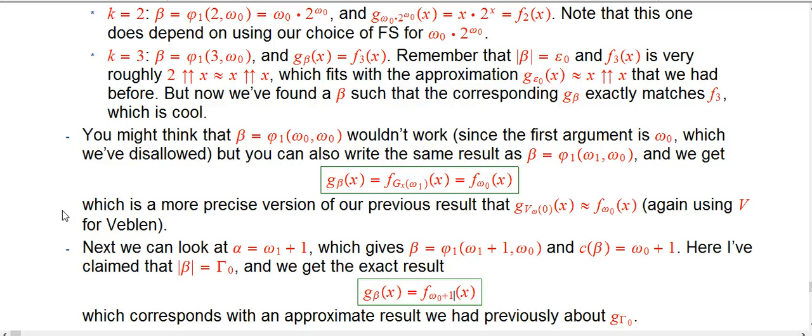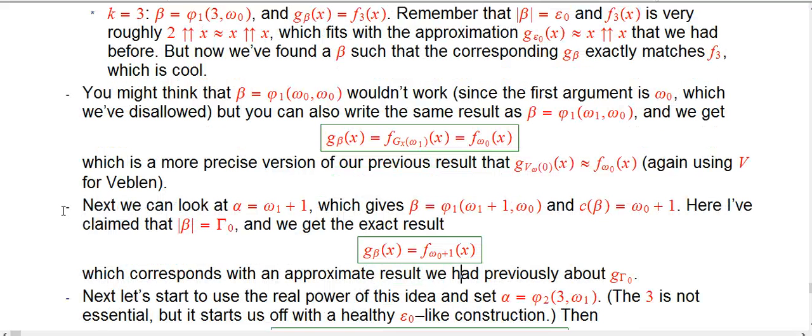So notice how this is replicating two things. One is that specifically, if you look back to some other videos, g sub gamma naught, we said that that was approximately something on the level of f omega naught plus 1. Now that's been made an exact result. The other thing is that it still is telling you, the fact that g really is pretty reluctant to grow in a little bit of a backwards way.